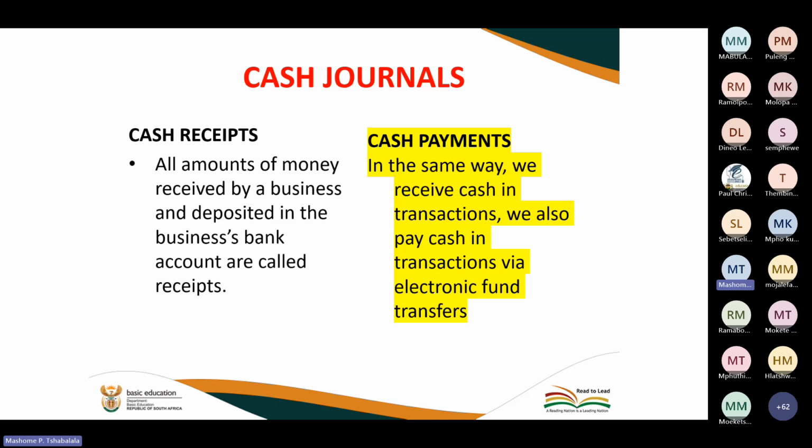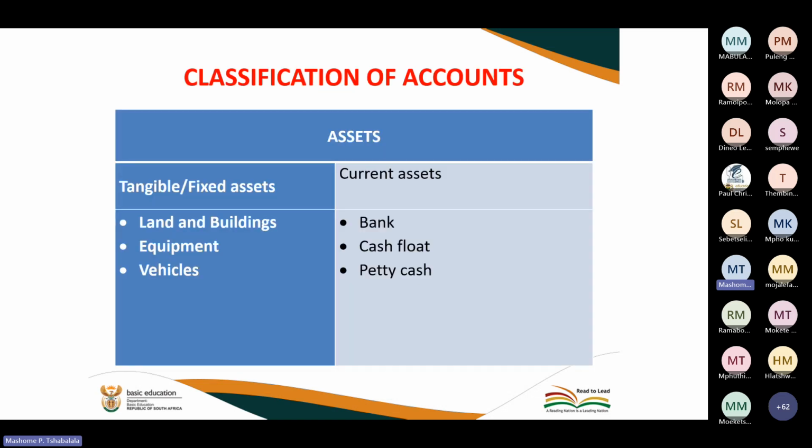Now, on the cash payment journal, in the same way we receive the cash in transactions, we also pay cash in transactions via electronic fund transfer. On the cash payment, we are paying. On the cash receipts, we are receiving money.